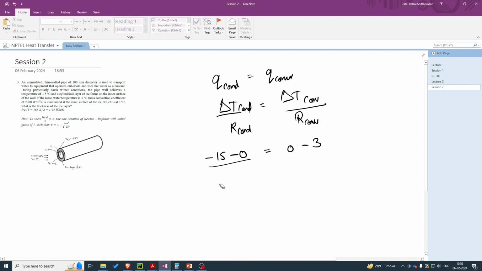R conduction for this radial system of the cylinder, we wrote as ln of R2 upon R1 upon 2 pi KL. And for convection, it is based on the overall surface area, so it will become 1 upon 2 pi R1 L H.